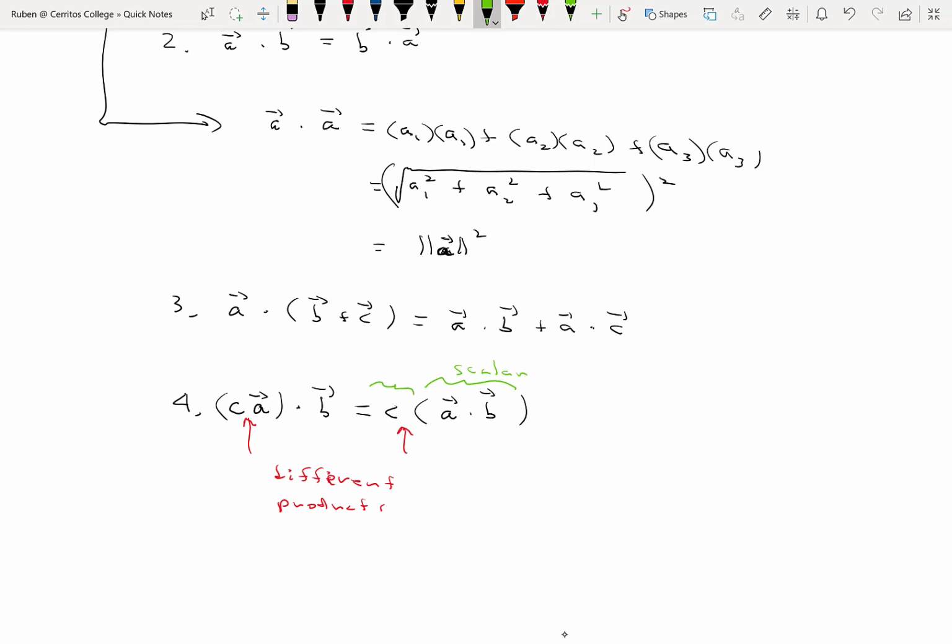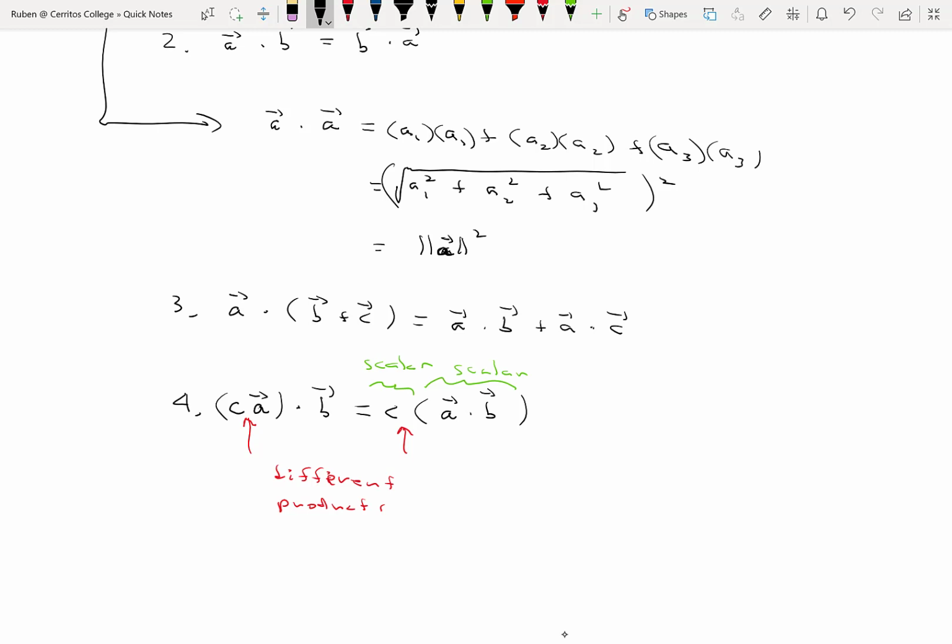And C is also a scalar. So this is the kind of multiplication that separates C and A dot B. That's the kind of multiplication we grew up with in algebra. That's regular scalar multiplication of numbers, not a scalar multiple of a vector. So while these formulas look simple, there are things we need to be careful of.